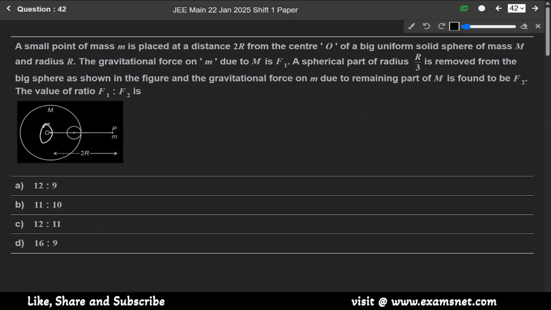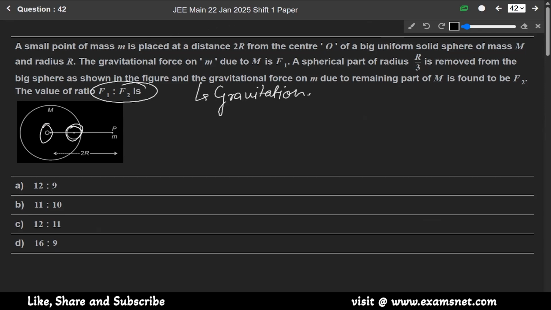A spherical part of radius r/3 is removed from the big sphere as shown in the figure, and the gravitational force on m due to the remaining part of capital M is found to be F2. We have to find the ratio of F1 to F2. This question is from the chapter of gravitation.